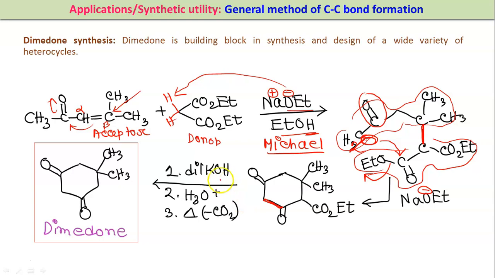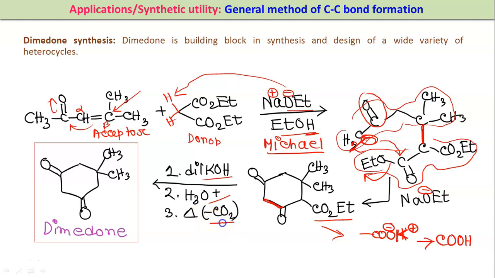And finally, we are using dilute KOH. That means this CO2Et will first be converted to COO minus K plus. It will remain as the potassium salt of the carboxylic acid. Then in the presence of H3O plus, it will be converted to COOH.